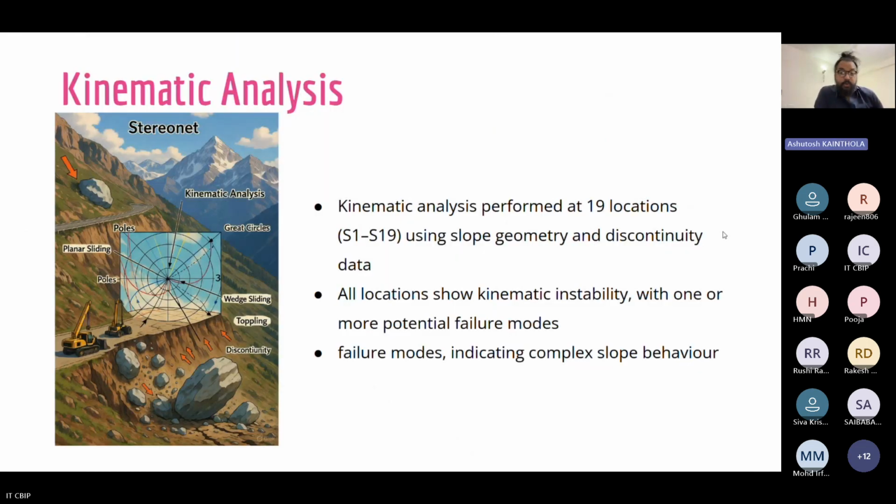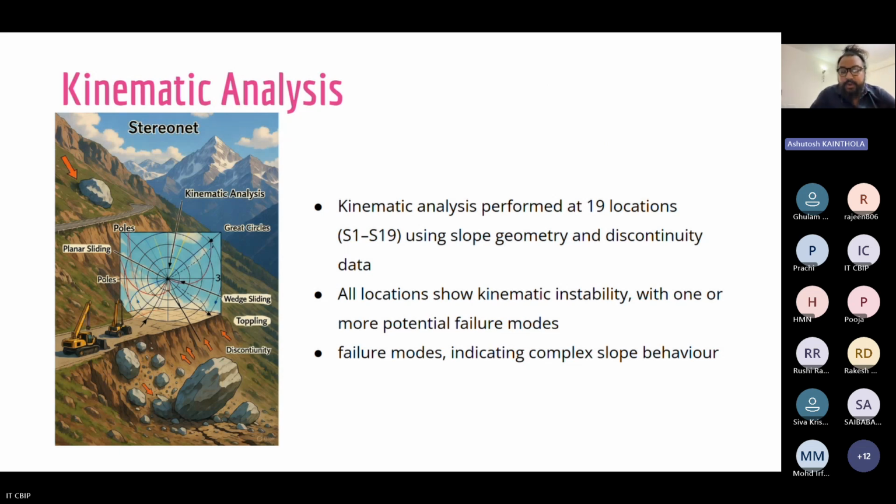So initially we did kinematic analysis. Kinematic analysis is the most simplistic analysis for rock slopes. It is made for rock slopes, and the test that we do is called the Markland test.